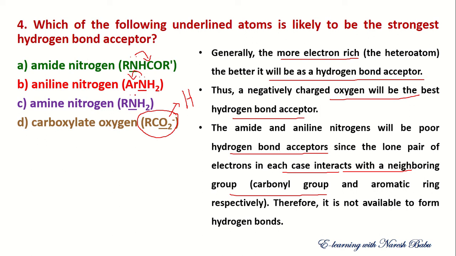Next is the amine, then the amide, and then the aniline nitrogen. So the strongest hydrogen bond acceptor is the carboxylate oxygen.